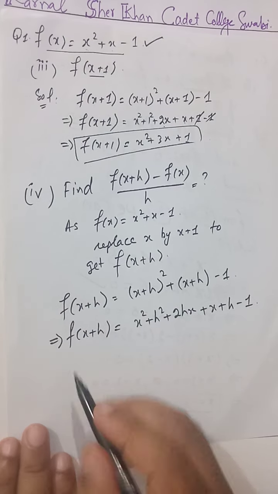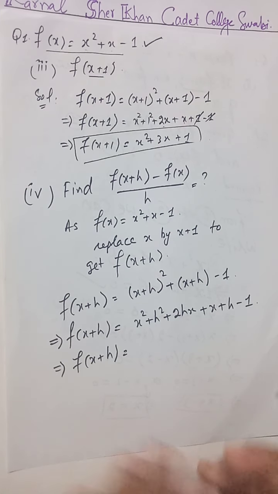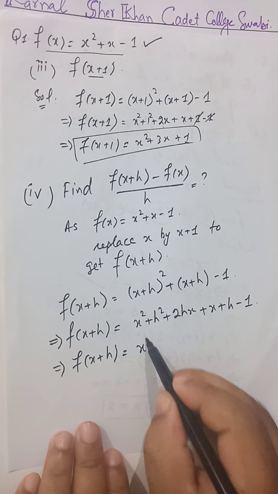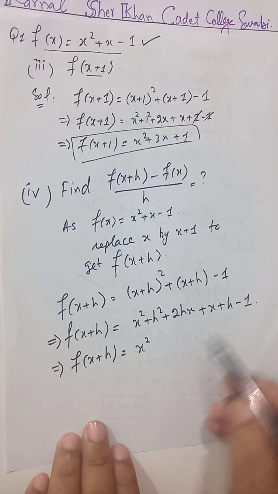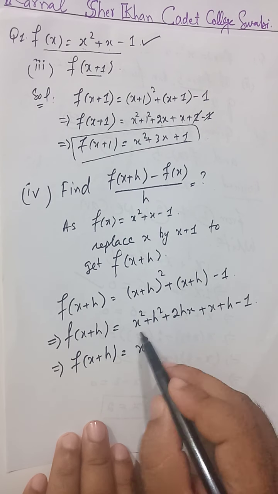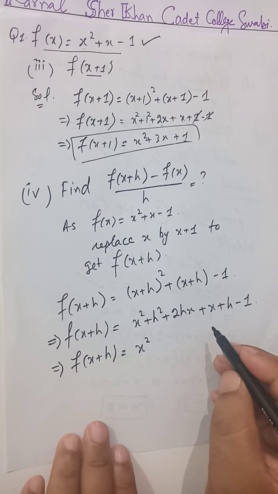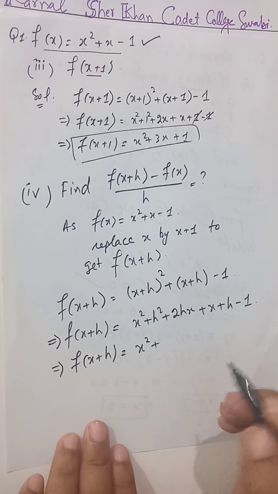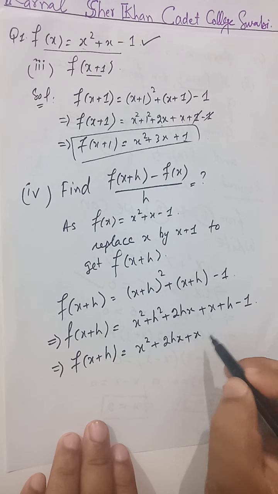Now f of x plus h is equal to, I am writing it as x square, then you can also leave this as it is, but you can write it according to the power in descending order of the variable x, in this fashion.